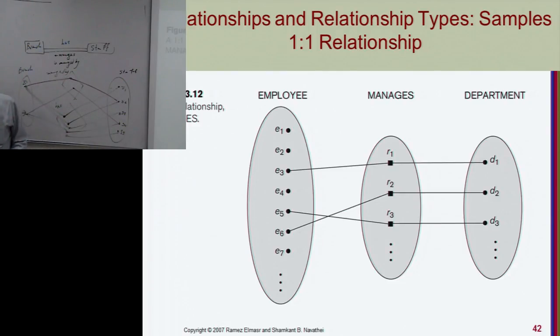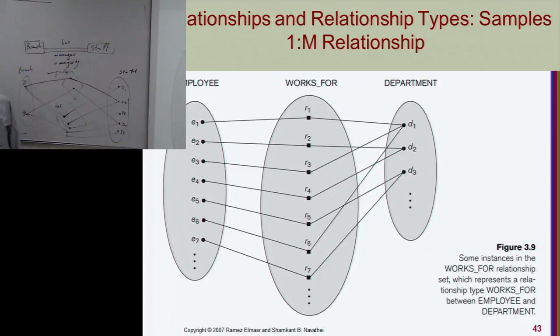So do we have any other types? Yes, of course. Look at this one. The employee works for a department. The employee works for only one department. How can I tell? Because the employee has only one link going out of it.